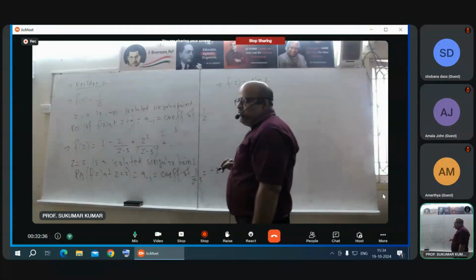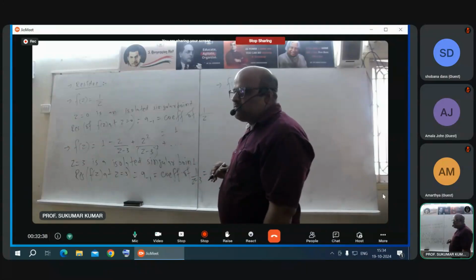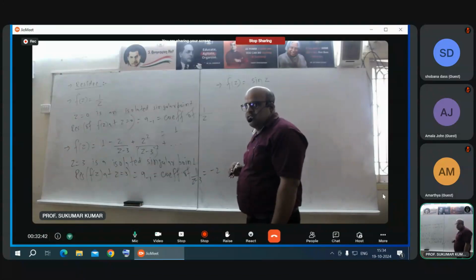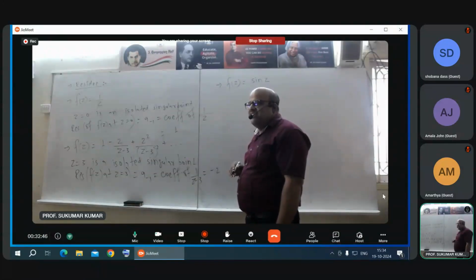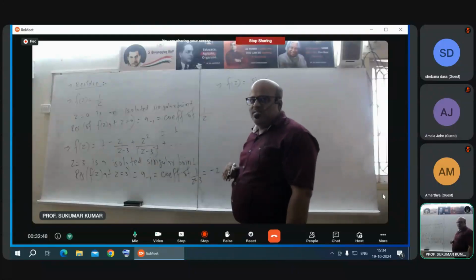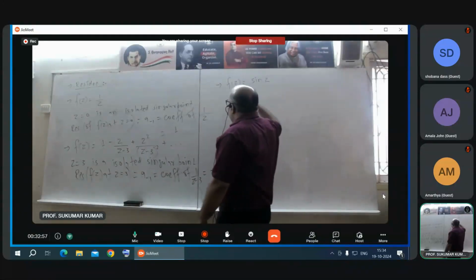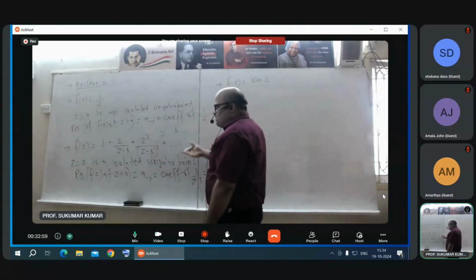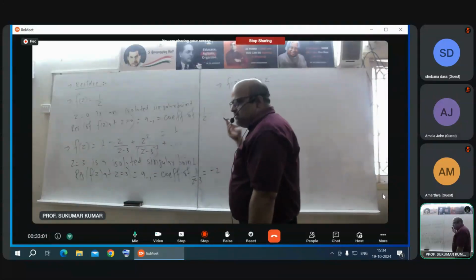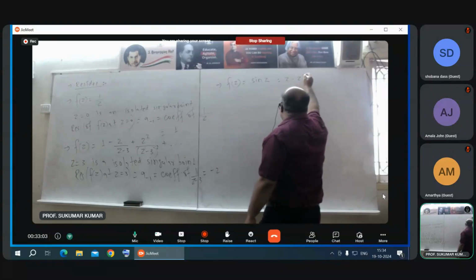Sin z. What is the residue? 0. Where is the coefficient of 1 by (z minus a)? It is an analytic function, so no residue. Even if we take the binomial expansion, all are analytic parts: z minus z cubed by factorial 3, like that going on.